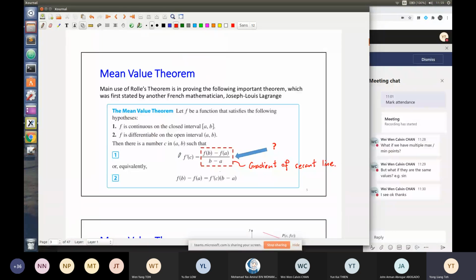So the gradient of the tangent line must be equivalent to the gradient of the secant line. There is at least one number c that can satisfy this equation. So this is your gradient of the tangent line.